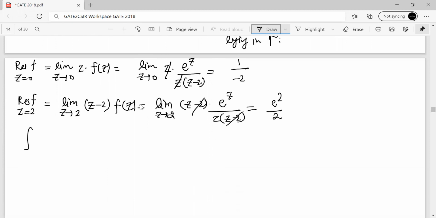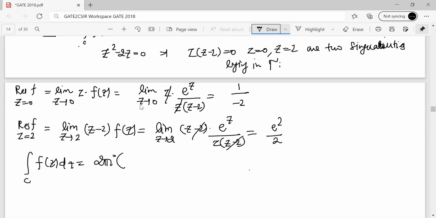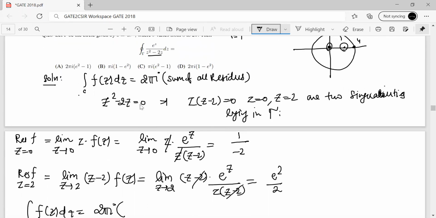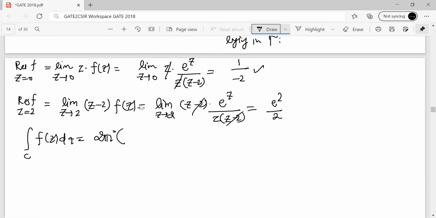And I need now the integral over C of f of z dz. That will give me 2 pi i into the sum of the residues. What is this sum? Minus 1 over 2 plus e square over 2.